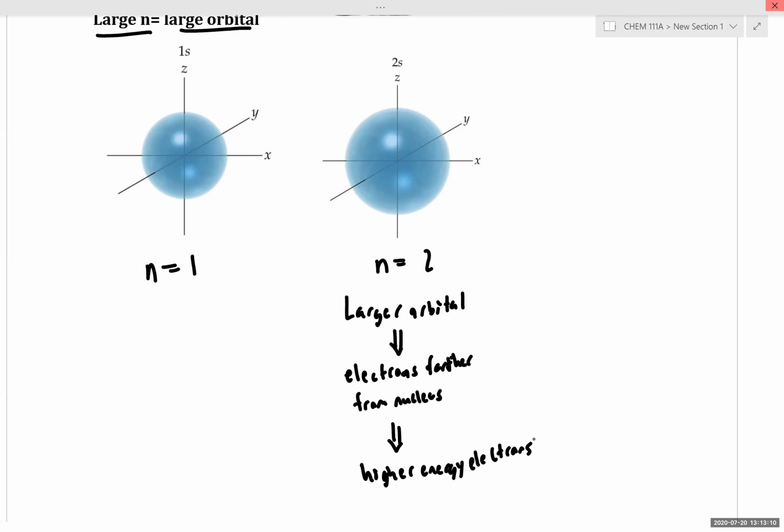But yes, this idea that the n value of an orbital directly impacts the electron energy and the orbital energy is very critical when it comes to talking about bond energy in terms of bond length and bond strength. Did that answer your question? Yes, thank you. Perfect.